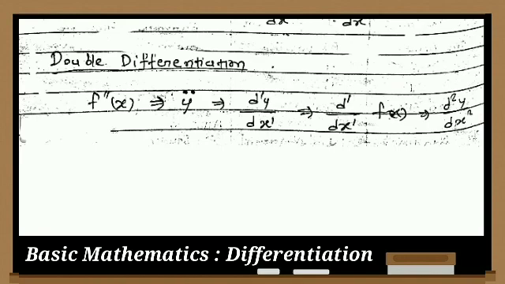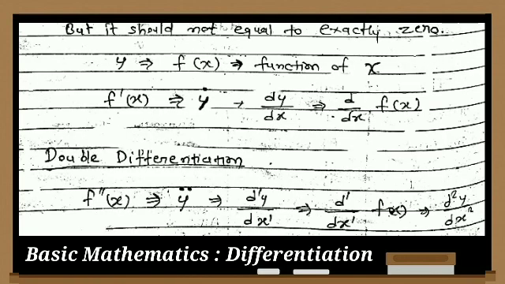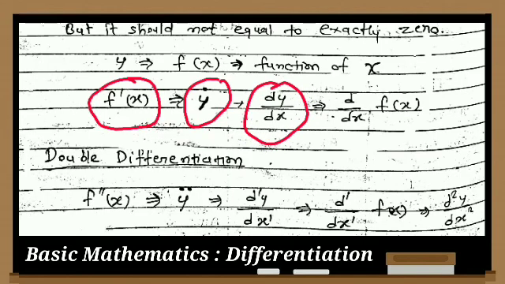What is double differentiation? You understood what differentiation is. Now we will do double differentiation. In differentiation, we represent the differentiation of function f(x) as y dot, dy by dx, and d by dx of f(x). Clear? For double differentiation we mark 2 times.